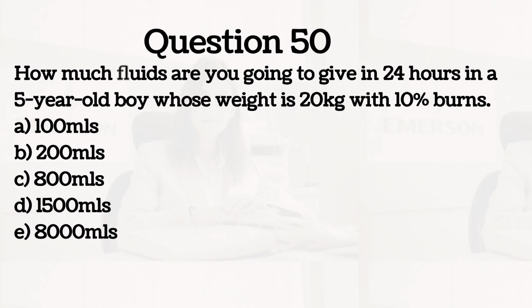We are going to go for the upper limit, which is 4. So we are going to say 4 times 10 times 20. So we have 4 times 10, which is 40, then 40 times 20, which is 800. So the answer is C, which is your 800 mils. That's the answer for this question.